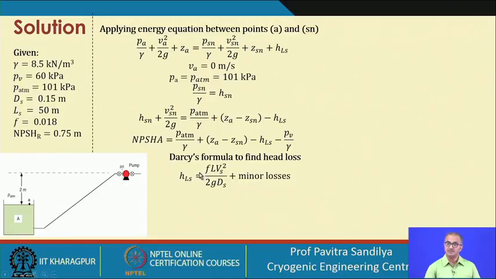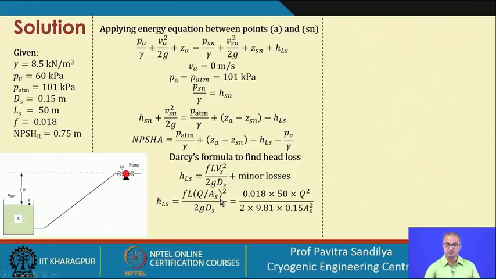We write this as the major friction loss and this is the minor friction loss. As per the problem, the minor loss will be neglected, and in this we have the friction factor, the velocity through the pipeline, and Ds and Ls. What we generally do is plug in all the values in terms of As.